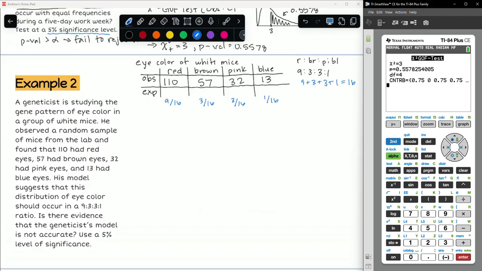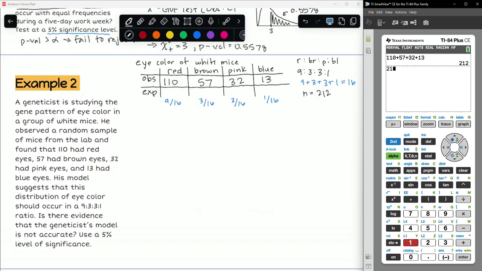I'm going to take that and multiply it by my sample size. To figure out sample size, I need to add up the total number of mice I observed. So 110 plus 57 plus 32 plus 13, we have 212 mice total. So I'm going to multiply that sample size, n equals 212, by each of those proportions.